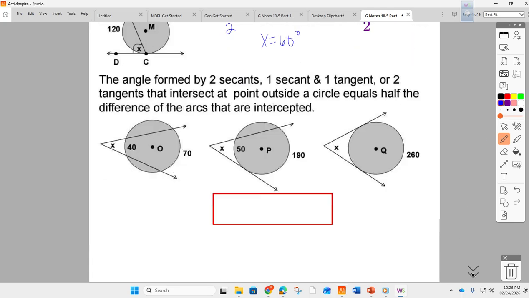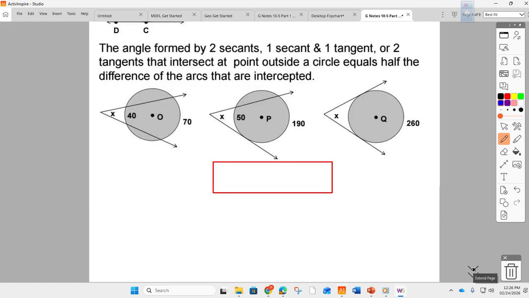All right. If we have two secants, so these are two lines that cross through the circle in exactly two points, or a tangent and a secant, because this one only touches in one point, right? Or two tangents.